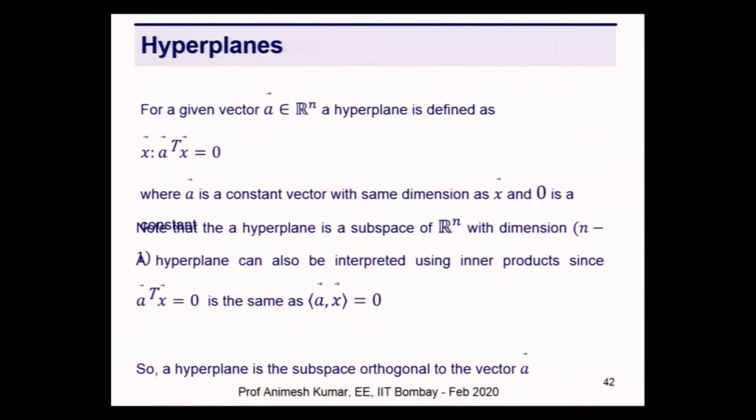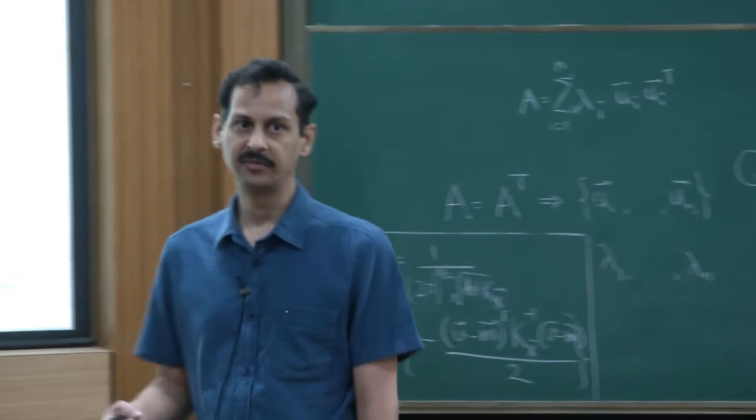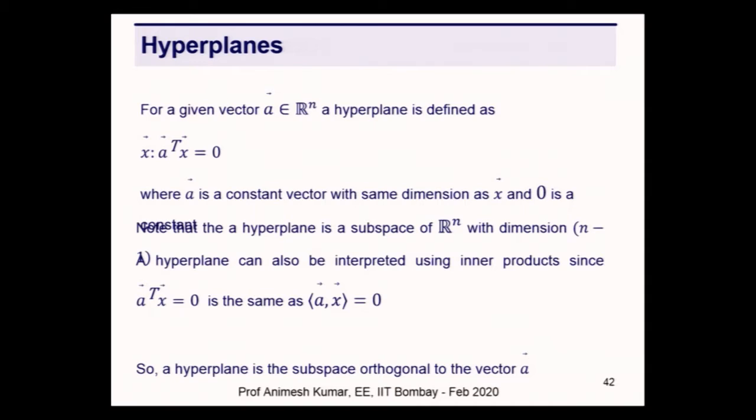For a given vector A, which is, let's say, n-dimensional, a hyperplane is defined as follows: you take A transpose times the X vector, and you insist that this inner product between the A vector and the X vector is 0. So what we are doing is, given any vector, we are looking at its perpendicular directions. That's what a hyperplane is. Given an n-dimensional vector A, what will be the dimension of this hyperplane?